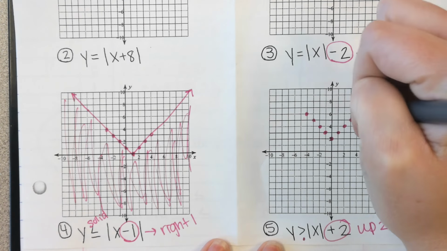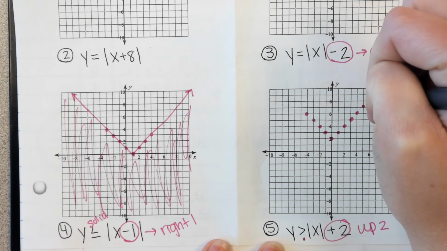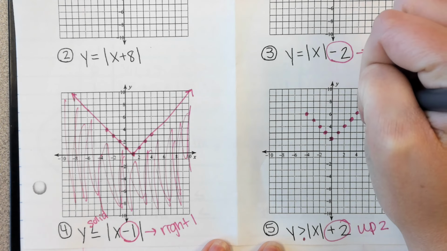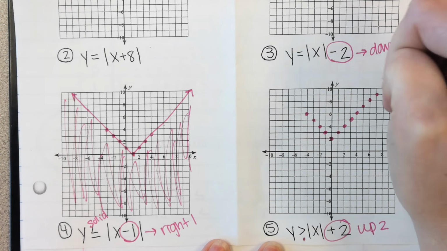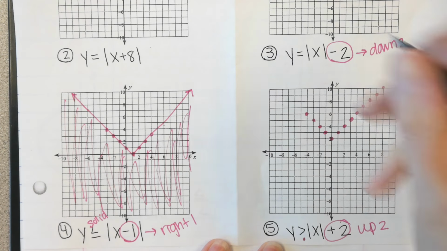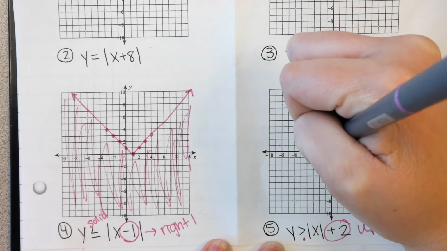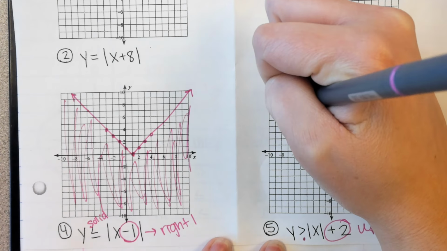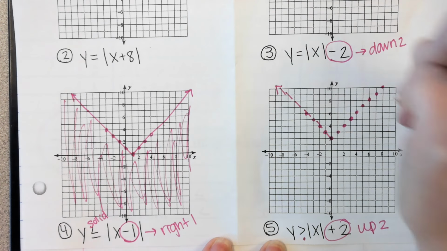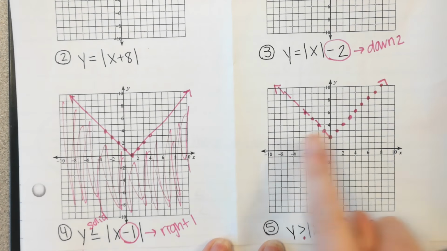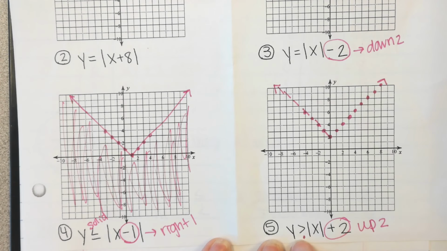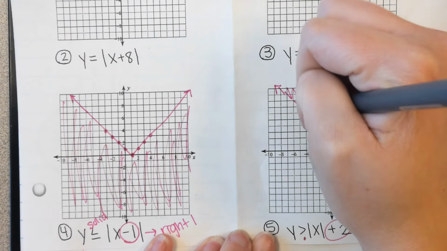So you can do one of 2 things. You can keep making the dots, and that works as your line, and mine's not super straight there. Or you can make dashes. Either one, and I know that looks kind of funny, but I'm just showing you how you can do either way. Is it greater than or less than? Greater than, so we shade above.